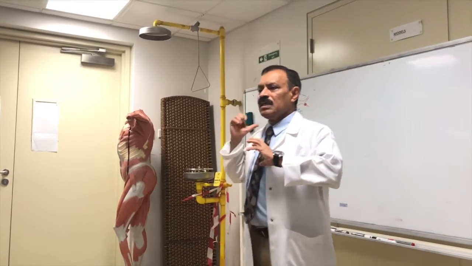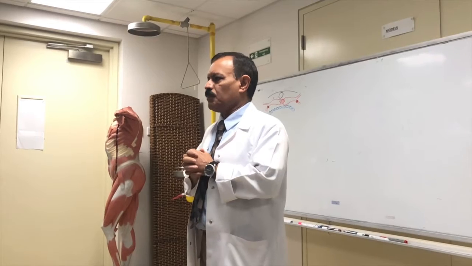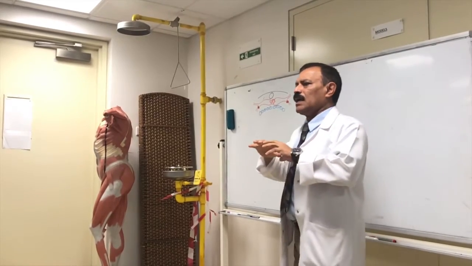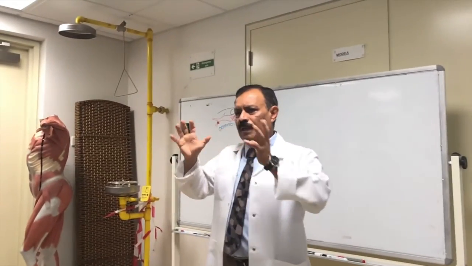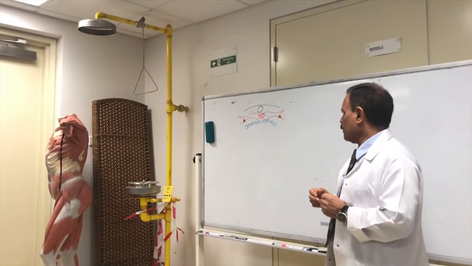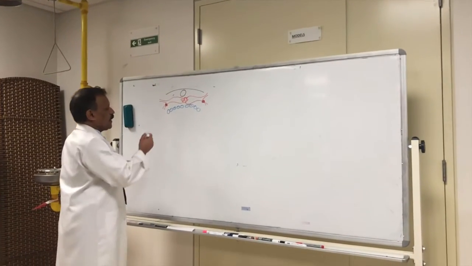So now, this picture is around 16, 17 days of the embryonic life after the fertilization. Immediately after that, the embryo will be folding a bit. So when the embryo folds, it will look like exactly this way.